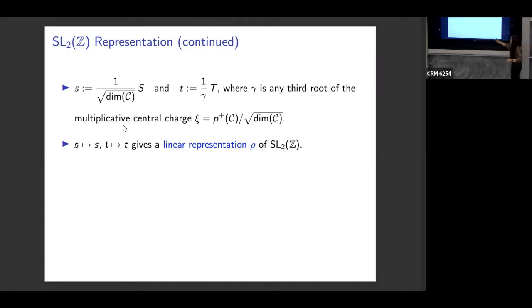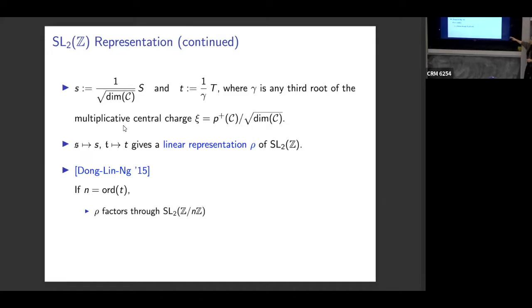Okay, so now we take the generators to the normalized modular data. This gives us a linear representation of SL2Z. And it was proved by Dong, Lin, and Ng that this linear representation factors through SL2Z mod n, where little n is the order of the normalized T. Also the image sits inside this general linear group, where R is the rank of the category.